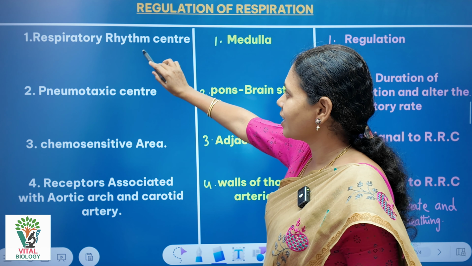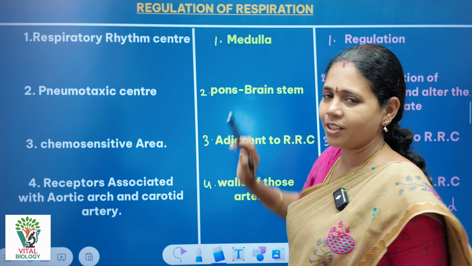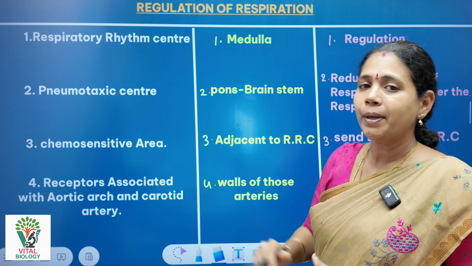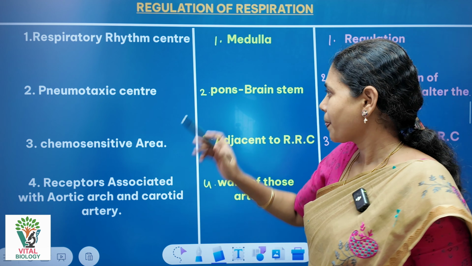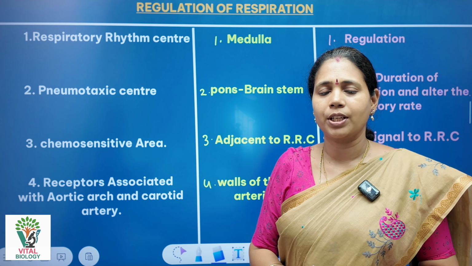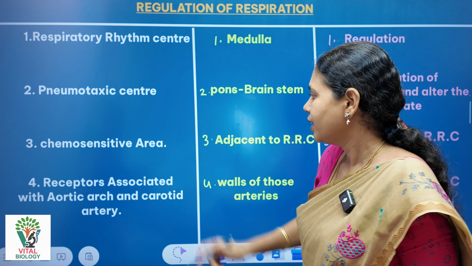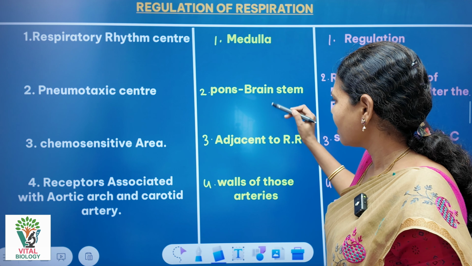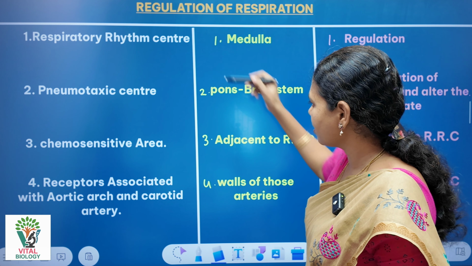The first one is the respiratory rhythm center, which is located in the medullary region of the brain. The second is the pneumotaxic center, which is present in the pons region of the brain stem. And the third, the chemosensitive area, is present adjacent to the respiratory rhythm center.